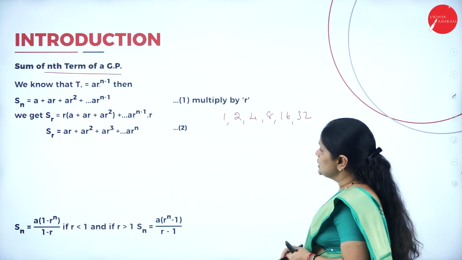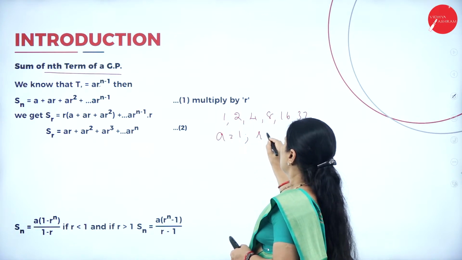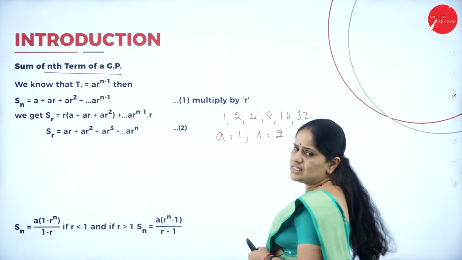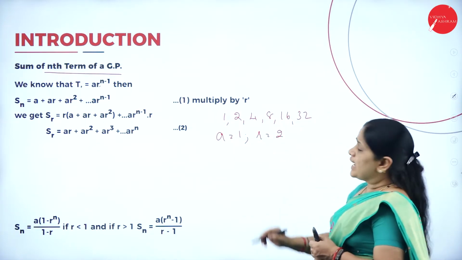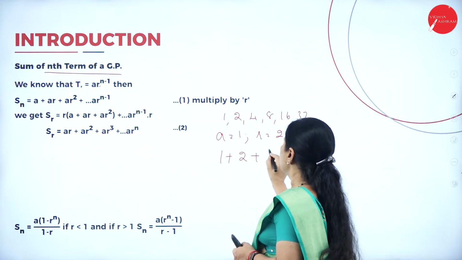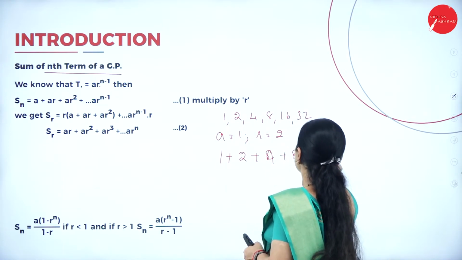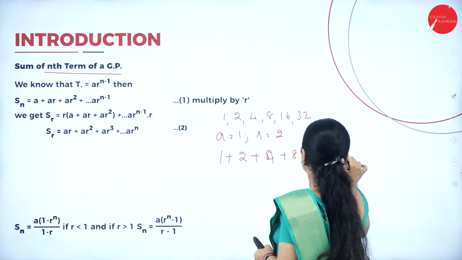So what is A here? A equals 1. What is R here? R equals 2. Now suppose I have to find the sum of all this. I have to write 1 plus 2 plus 4 plus 8 plus 16 plus 32.